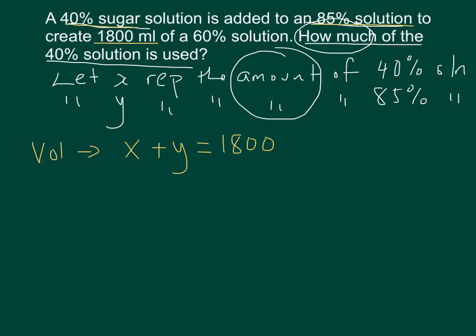Now the other part we have to do deals with the 60% solution. So how do we come up with that? We're going to make this second equation pure sugar.